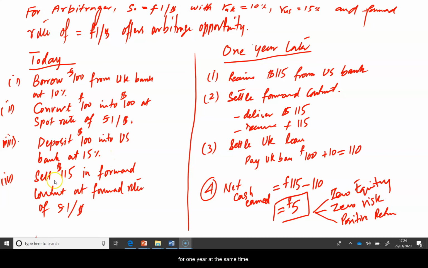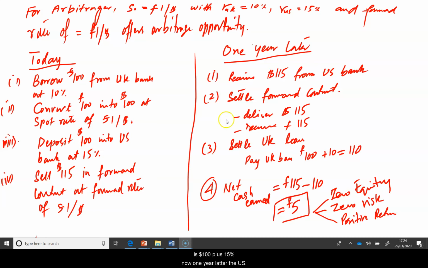At the same time, the arbitrager enters into a forward contract to sell $115 1 year from now at $1 per pound, and he knows exactly what he will receive 1 year later from the US bank because it is 100 plus 15%.